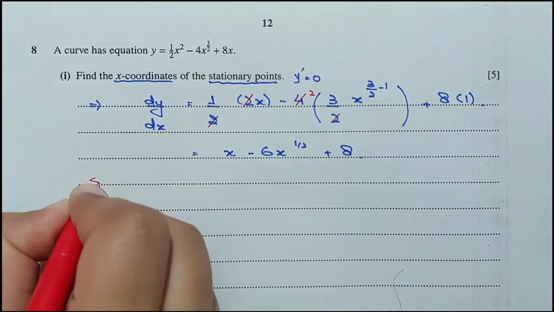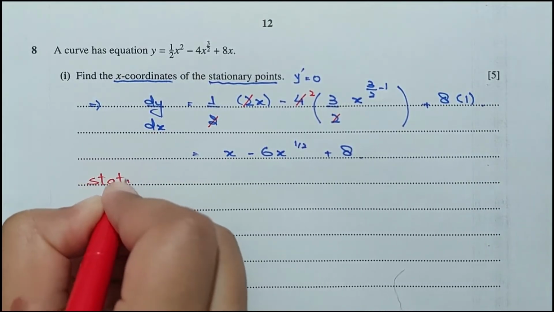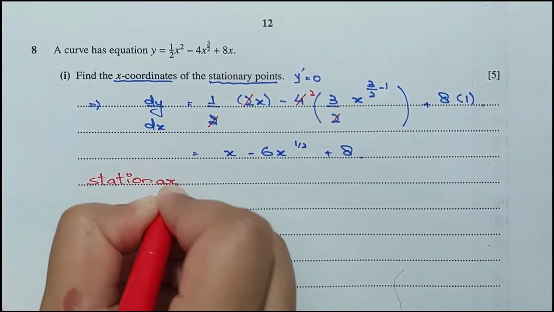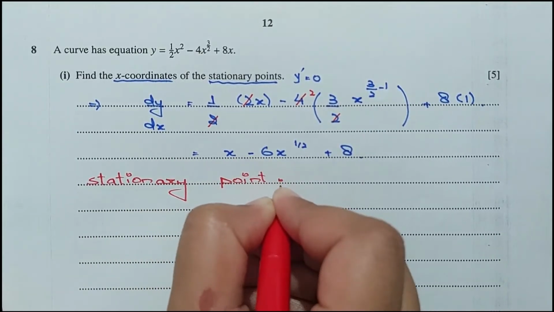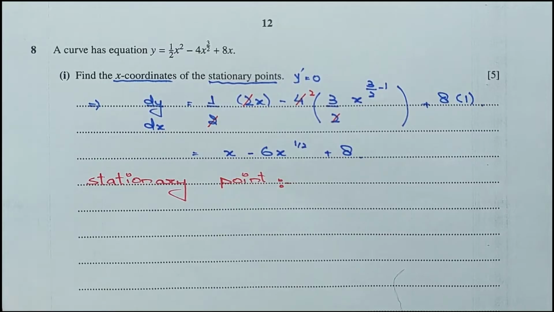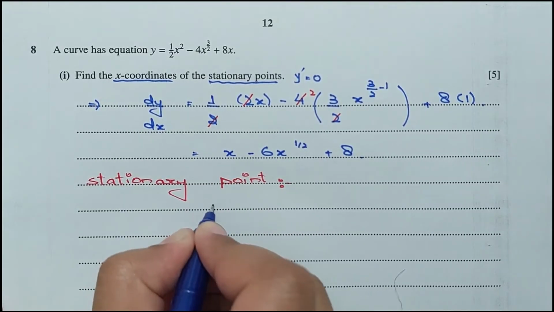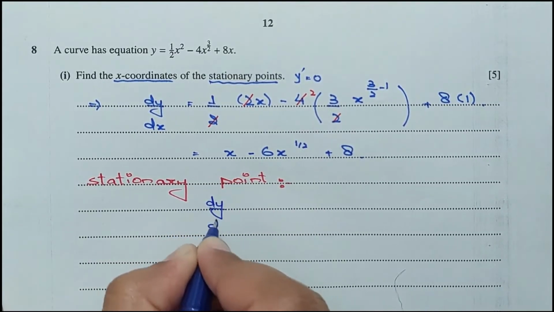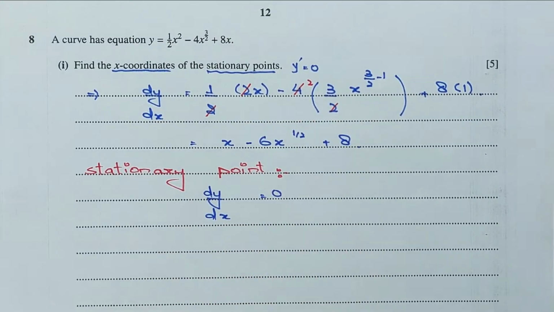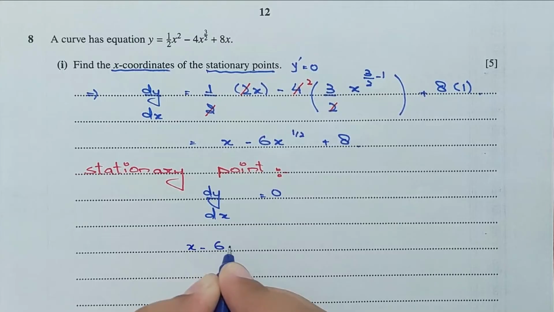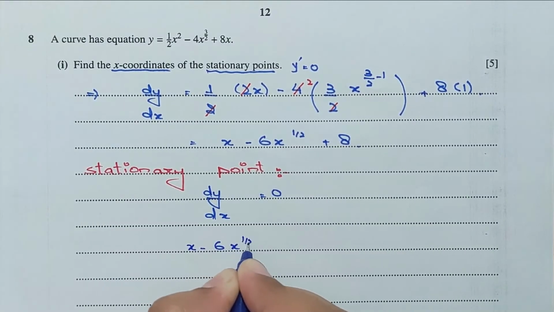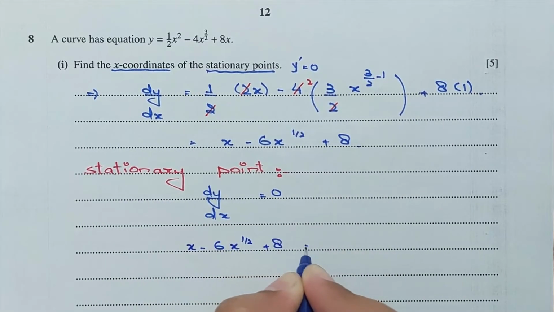Now for the stationary point, we have to put the first derivative equal to 0 and solve for x. That would be the x coordinate. Alright, so dy over dx is going to be 0. So the first derivative is x minus 6 x to the power 1 by 2 plus 8 equals 0.